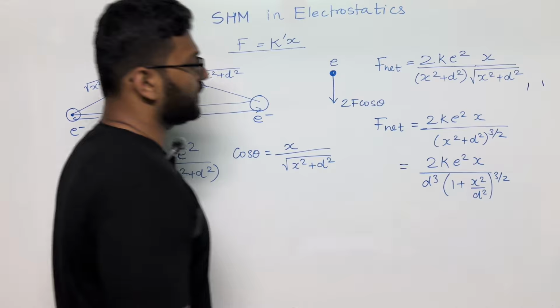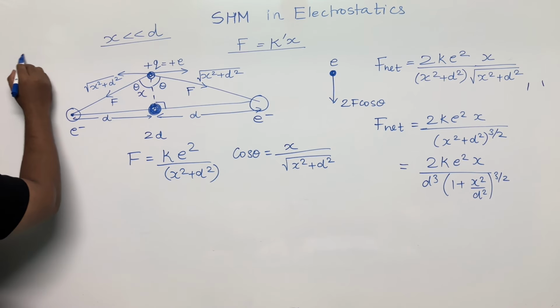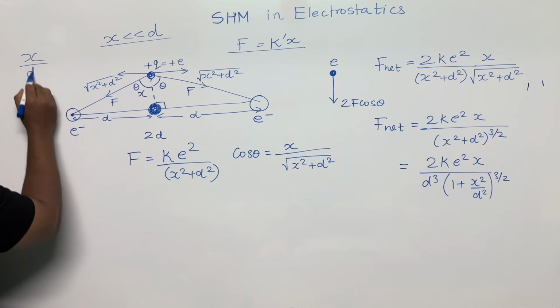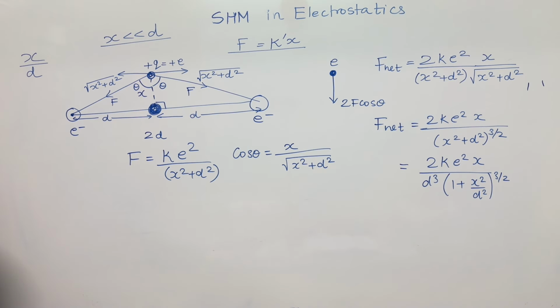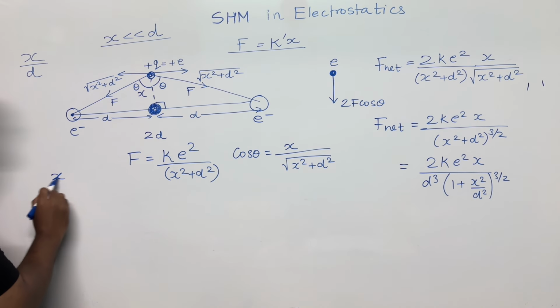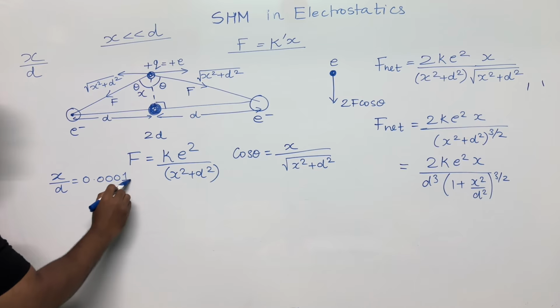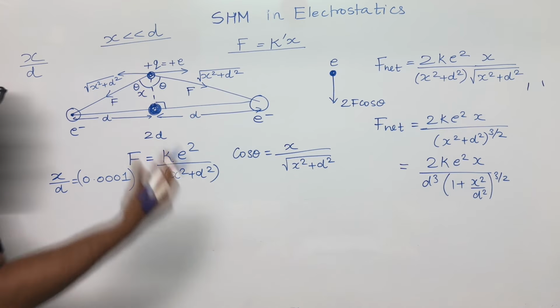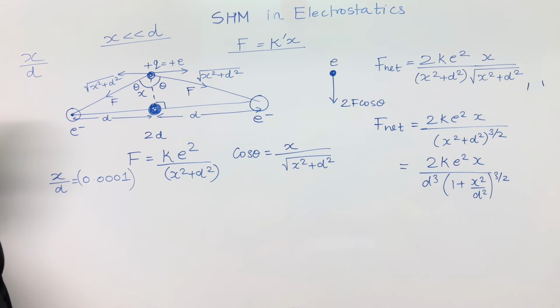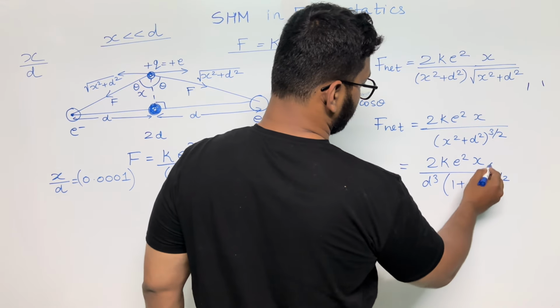Now what is the ratio x by d? x is already very less than d, so x by d is very small. If x by d is equal to, say, 0.00001, then if I square it, it will be even smaller. So that means this can be neglected and taken as 0.